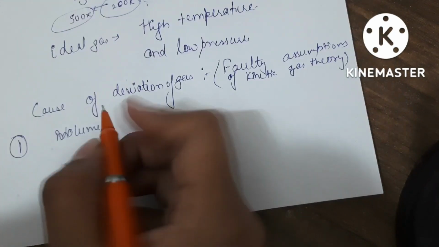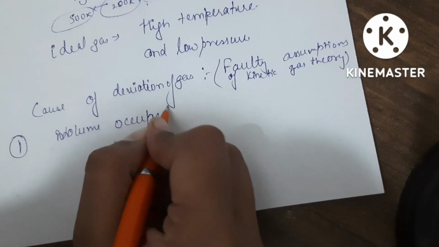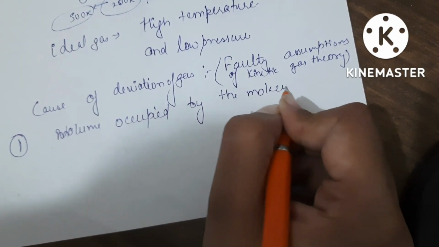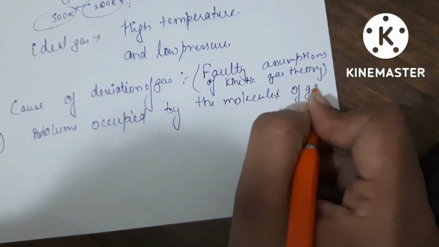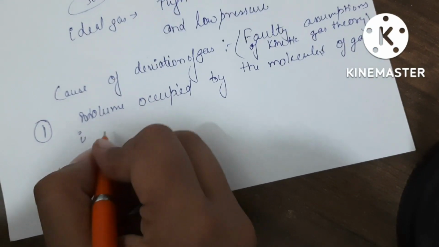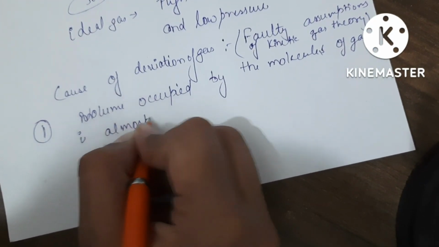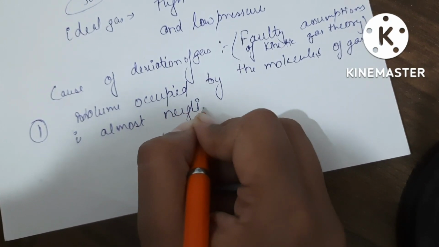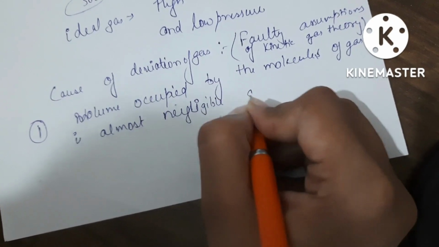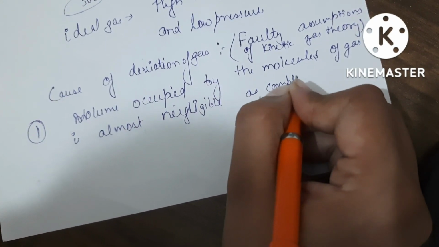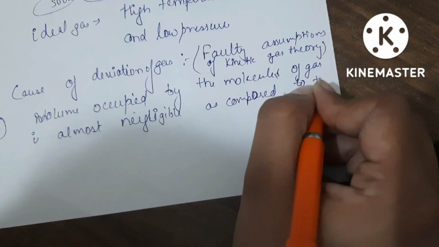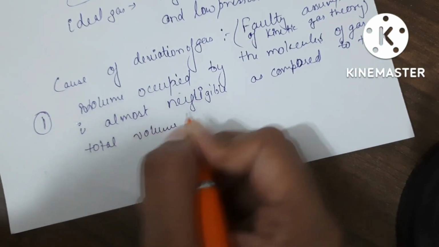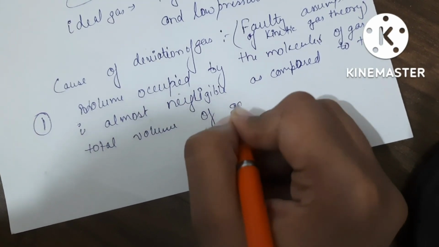So first, the volume occupied by the molecules of the gas is almost negligible as compared to the total volume of the gas.